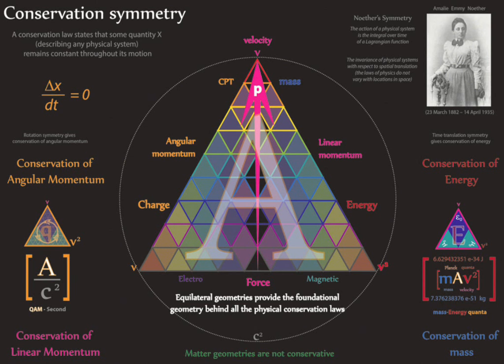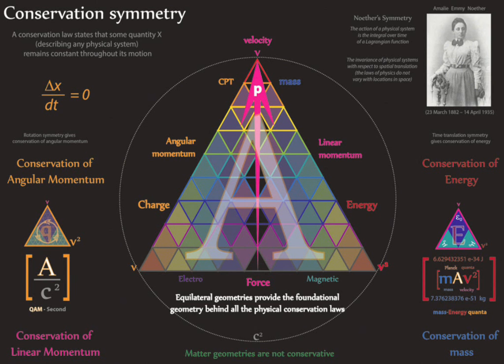So what Emily Noether was expressing was that mathematically it's shown that the conservation laws are the result of a symmetry. Tetrionics shows that symmetry is the equilateral geometry of alpha. And it's the coupling of alpha geometries that gives us our fields and strengths of force.